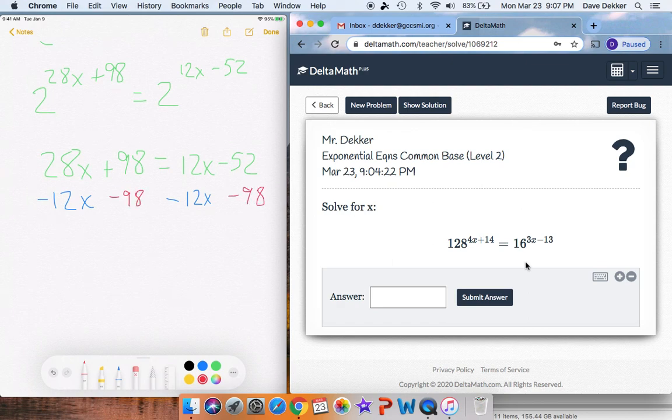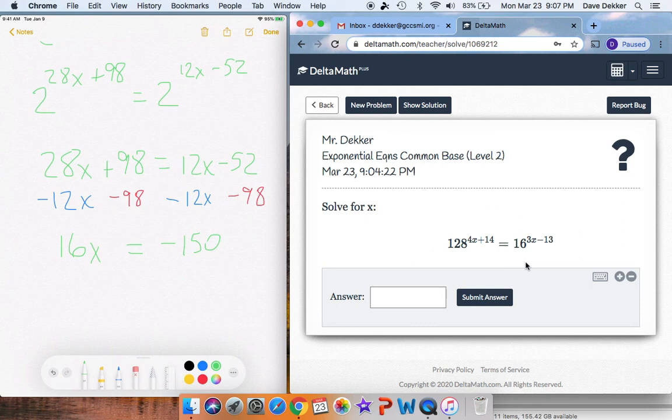Okay, so if I do that, let me go back to green here. Let's see, I would have 16x equals negative 52 minus 98, that would be negative 150. Let's make sure I did everything right there. I think I did.